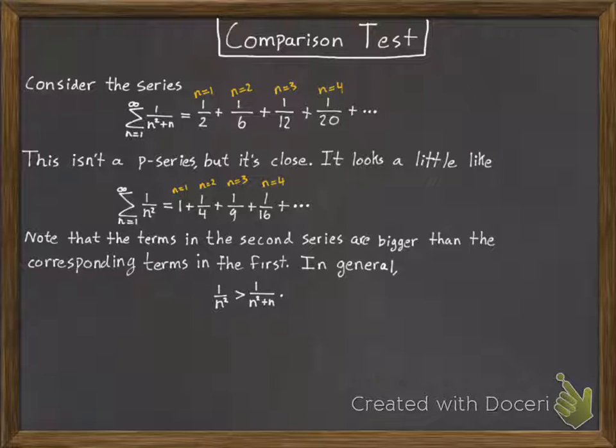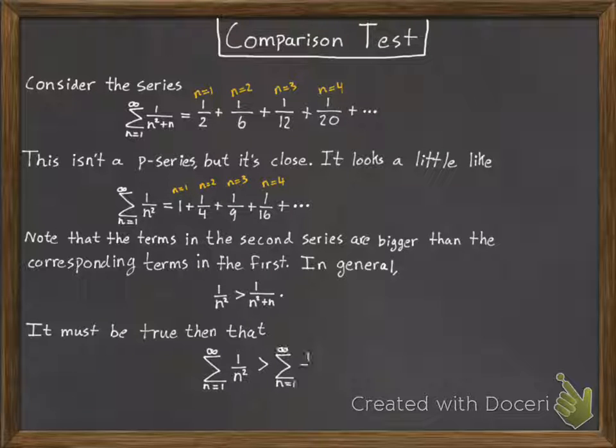That makes sense. If the denominator of a fraction is bigger, that makes the fraction as a whole smaller. So if the individual terms in this first series are less than the individual terms in this second series, then adding them all up is also going to be smaller. So it must be true that this sum of 1 over n squared must be bigger than the sum of 1 over n squared plus n.